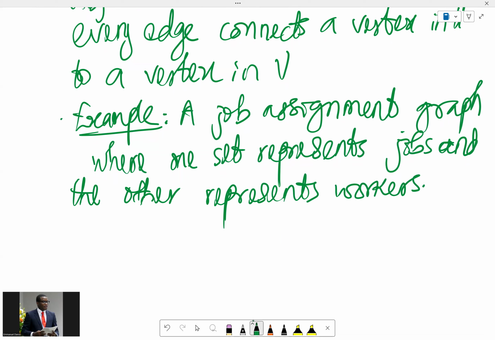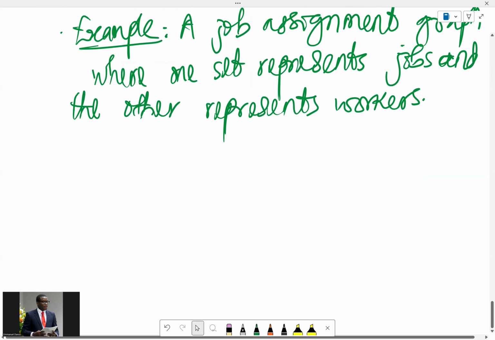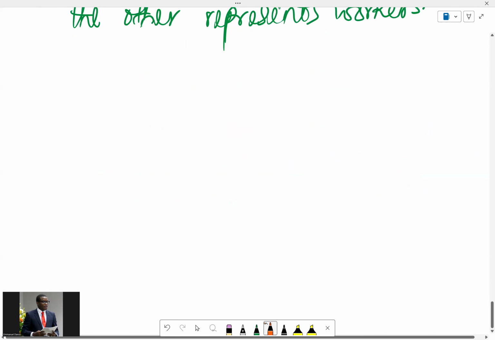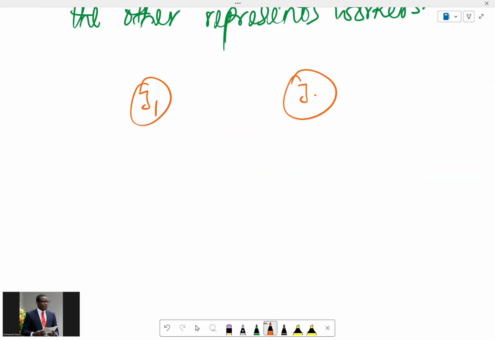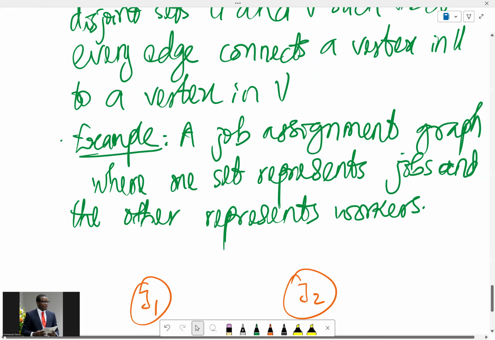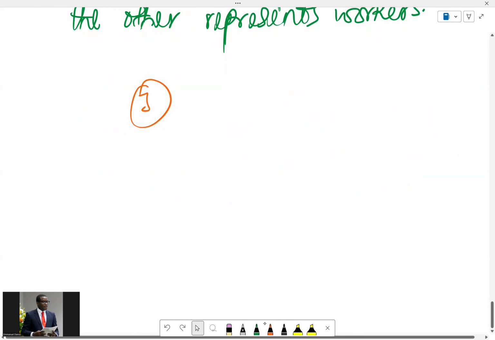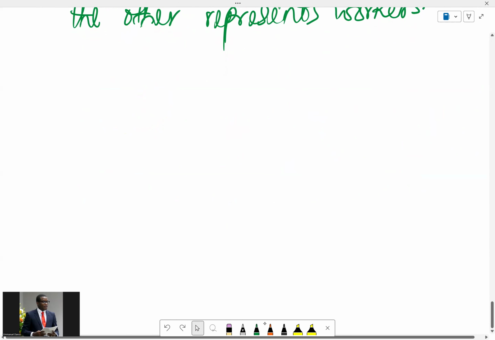It's a bipartite graph. A very good example would be something like this. We're talking about jobs and workers, right? Here we said U and V, so let me use the idea of U1 and U2. We are going to have ample opportunities to talk about all of these things.